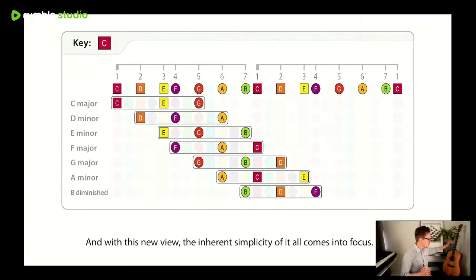So on the guitar, we can play each of these chords by picking out their patterns. But looking at it with a kind of X-ray vision in this format, in a table format, we're really breaking it down.